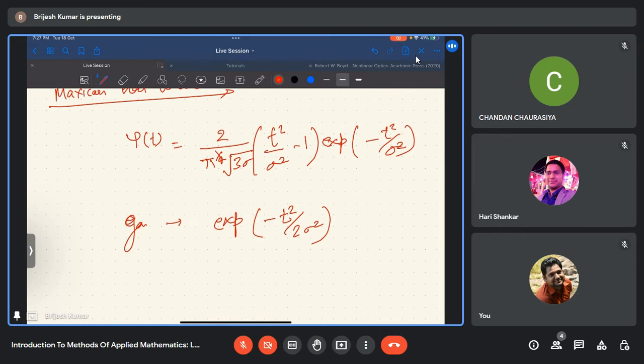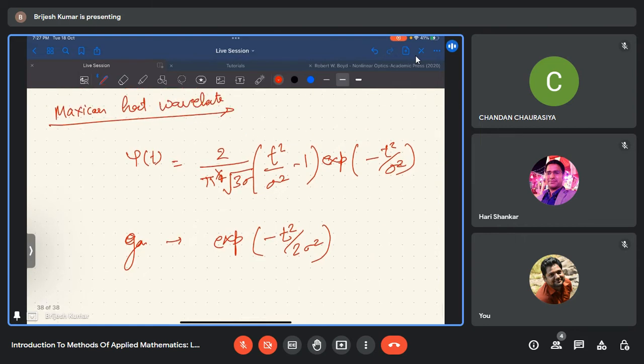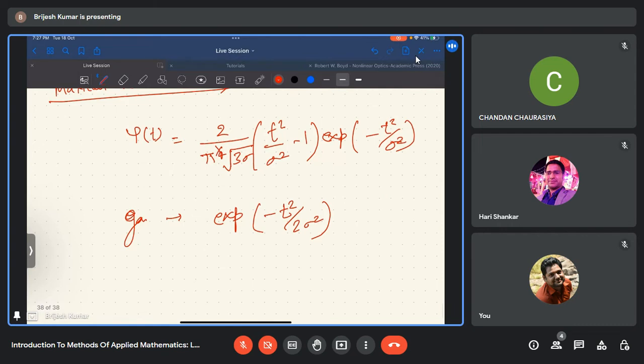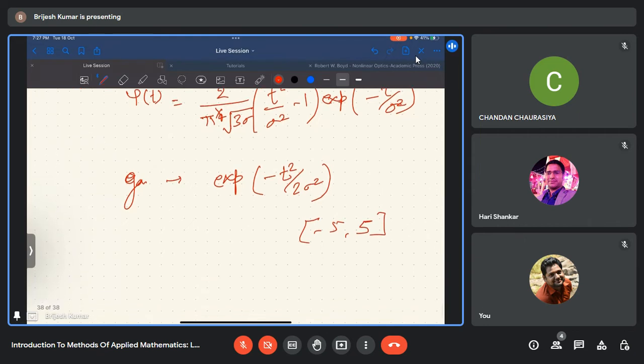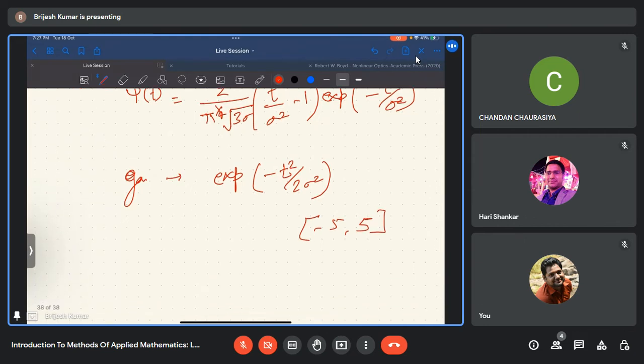The nickname Mexican hat is because the shape of the function is like an upside down Mexican hat. Due to the fast decay of the Gaussian function, this function drops to zero very fast, so we can expect it is time limited in a certain range, say -5 to 5. This meets the property of the mother wavelet.